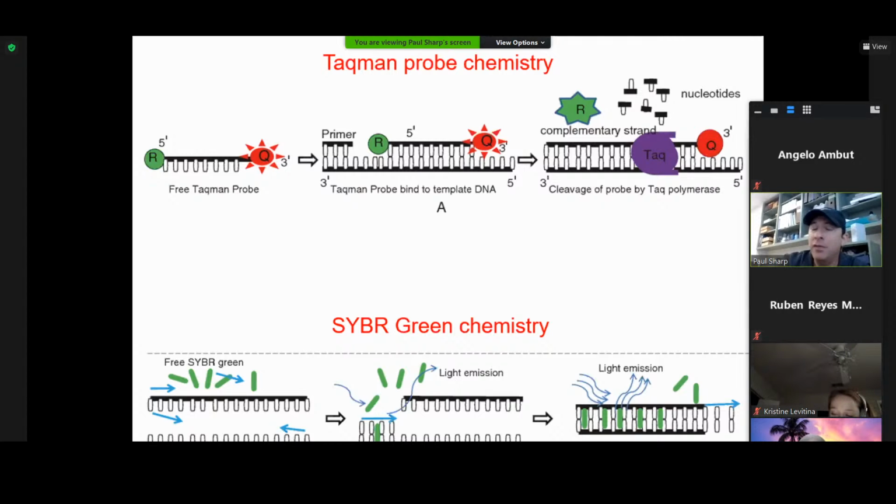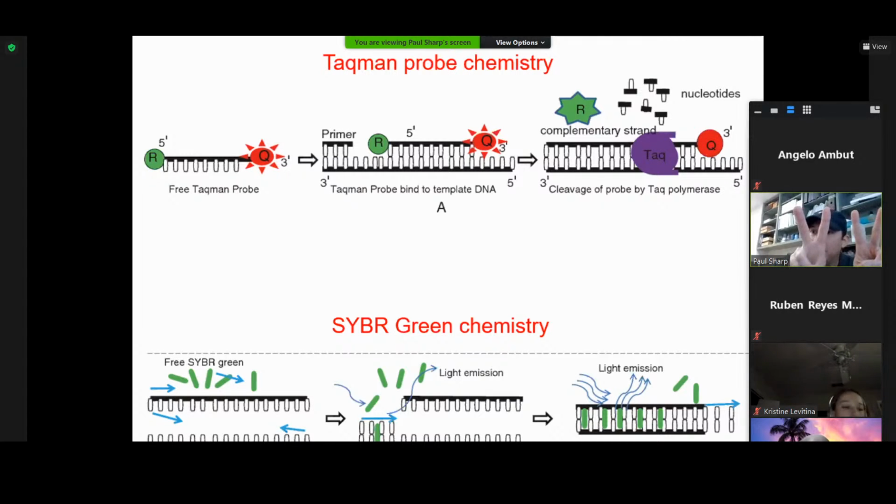So if you only have two double-stranded DNAs, and then you do PCR, then when you denature, the double strands separate. And then when you anneal, there's only a place for two TaqMan probes to go, one over here and one over here.